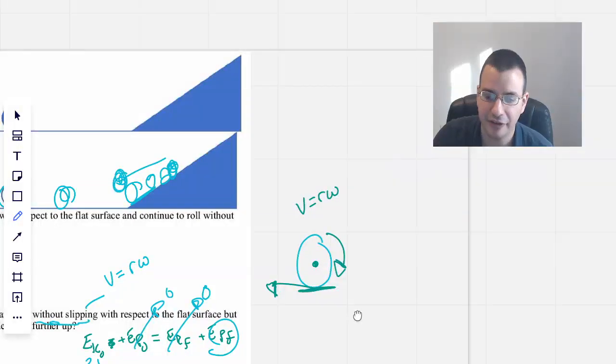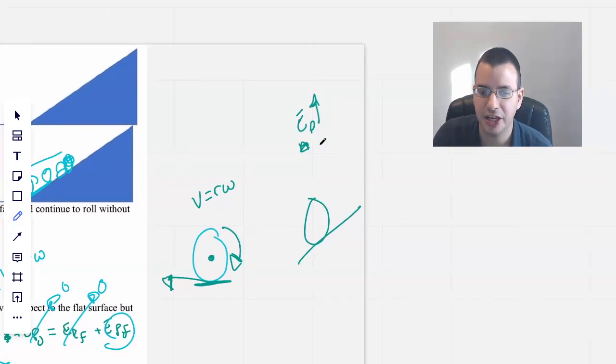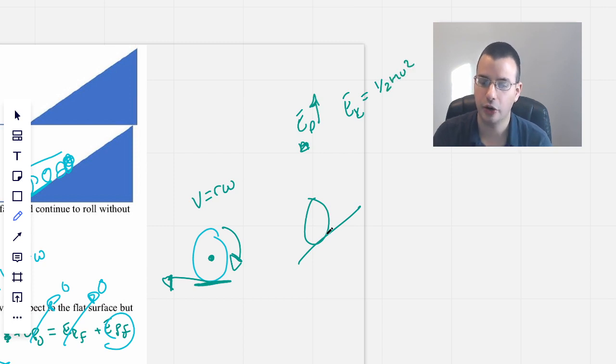Well, if you have a ramp with friction, this is with friction now, what's going to happen is as it goes up, the potential energy goes up because it's building up potential energy, but it's doing that at the expense of kinetic energy. We'll say energy kinetic, in this case 1/2 mv squared. So it's slowing down.